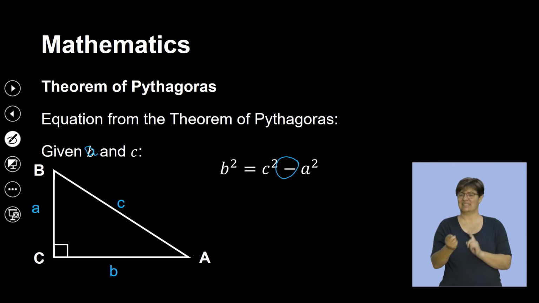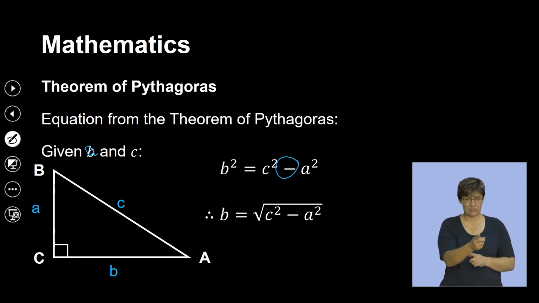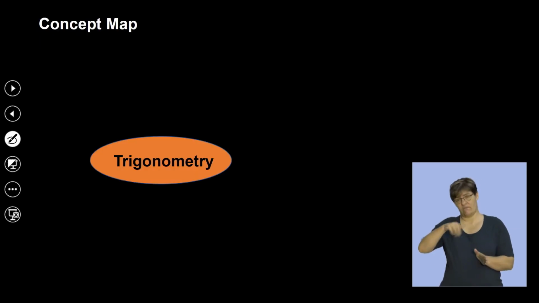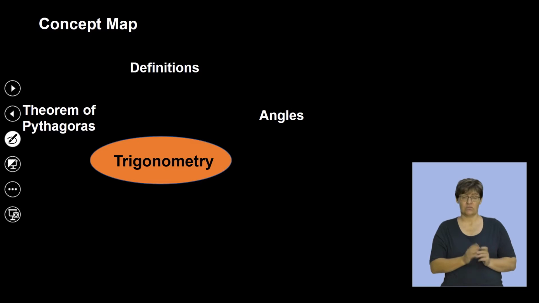So here I'm trying to show you where the minus comes into the picture. And remember, we want to find b on its own, so I must take the square root on both sides. Now, that's the big idea of what we've looked at.